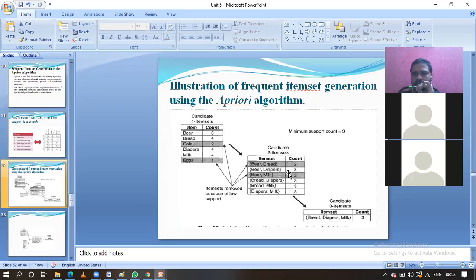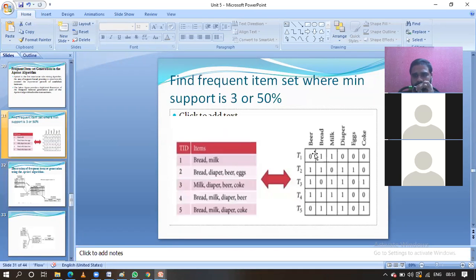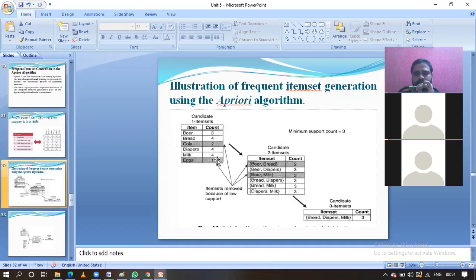Likewise, beer and diapers. Here is the beer, here is the diapers. 1 time, 2 times, 3 times. It is repeated 3 times, and we write it here. Likewise, we write down all the combinations of two item sets.